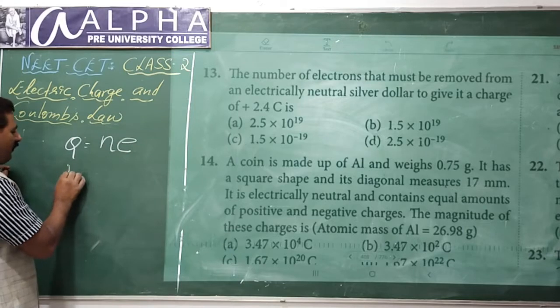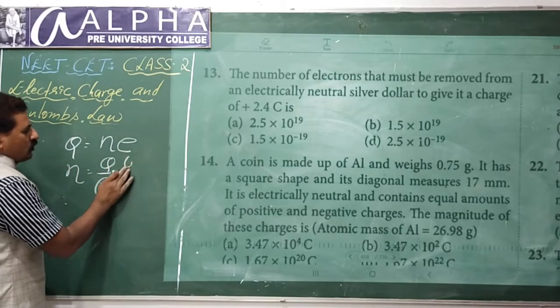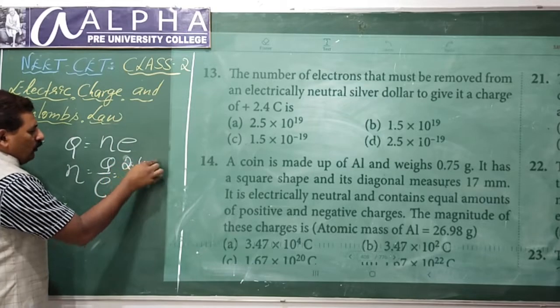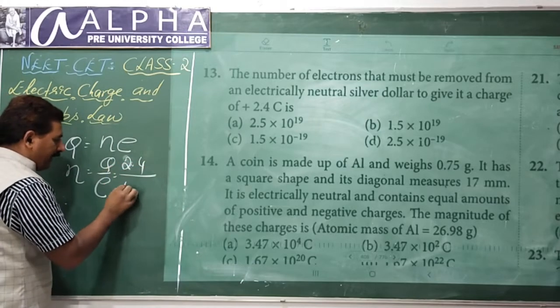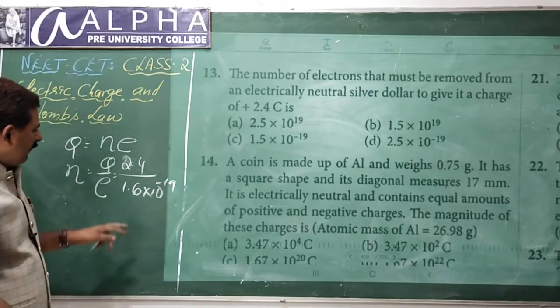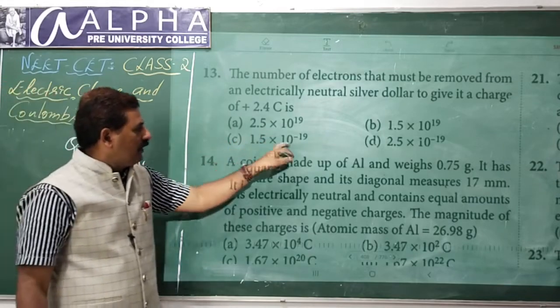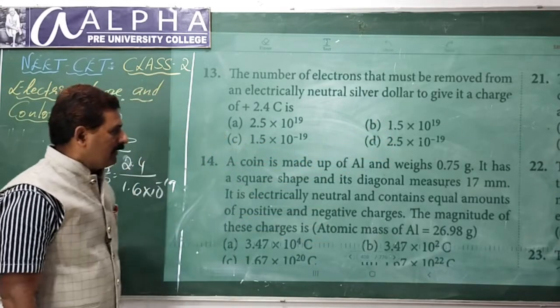You have to solve for n, that is q divided by e. Substitute the values, 2.4 coulomb for q and 1.6 into 10 power minus 19 for e. Simplify this. 16 ones are, it comes around 1.5 into 10 power 19.